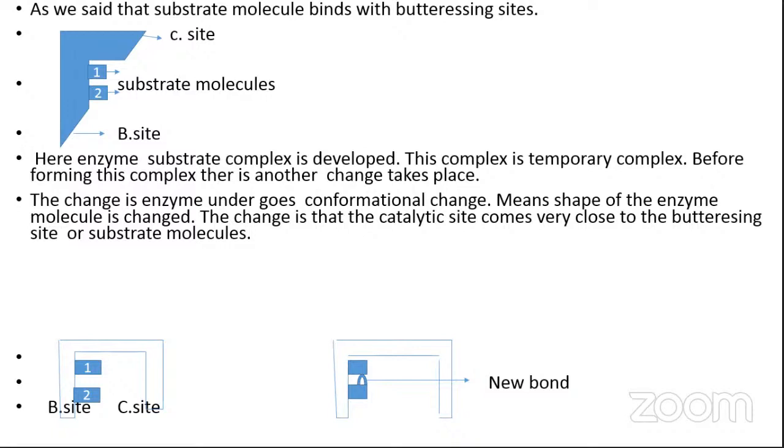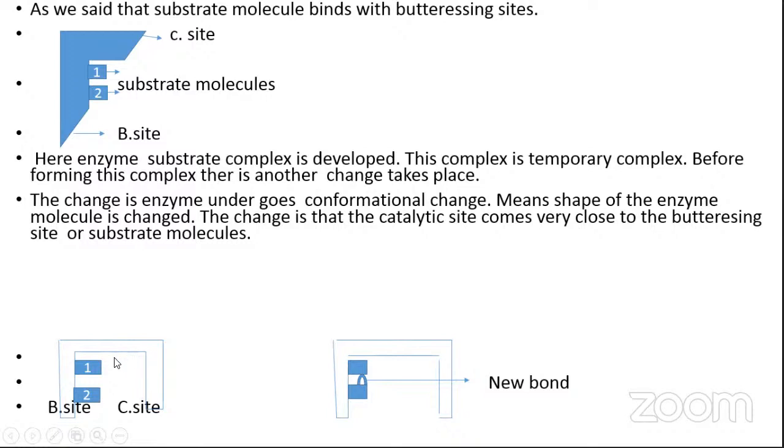And how? After attaching the substrate molecules to the binding site, this catalytic site shows bending, and it comes closer to the substrate molecules by bending or changing its position.